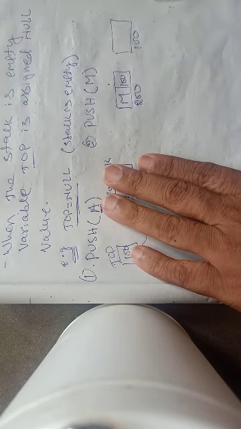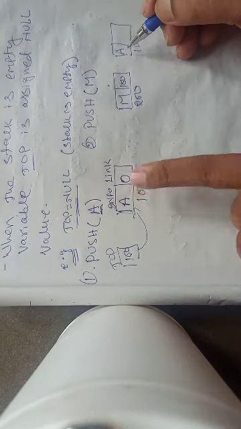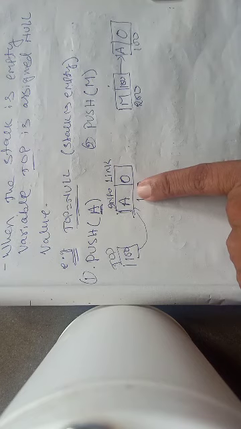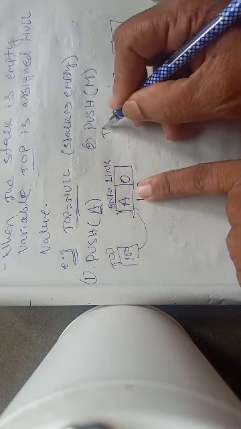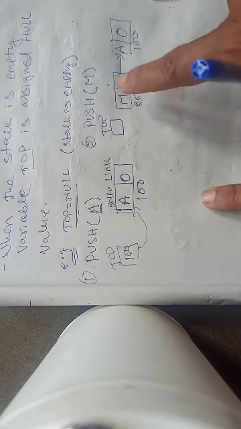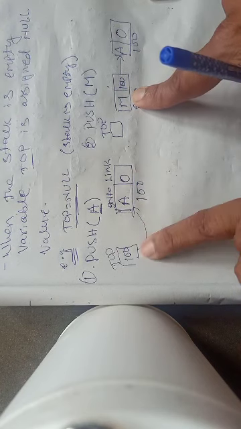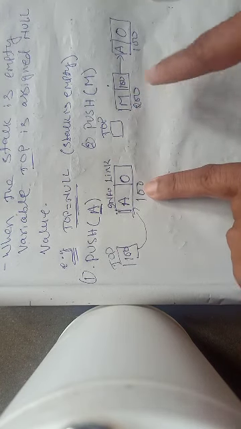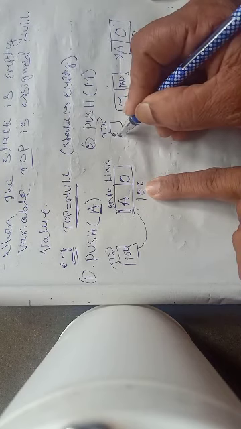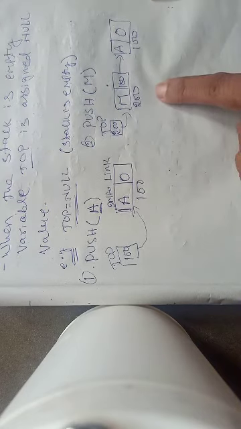This block is 100, and the info part of this node contains A, the link part contains 0. Now there must be the variable top. Before pushing M, top was pointing to 100. Once a new node arrives and pushes the existing node, the value of top will be updated to 200. So this will be my scenario.